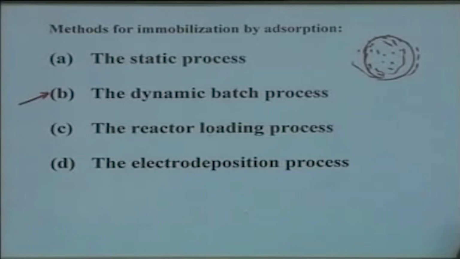The fourth method is the electrodeposition process, in which the carrier is placed in proximity to one of the electrodes, and current is applied between the two electrodes, and the enzyme particles, which are charged, usually get deposited on the carrier particles, and at the end the carrier is removed, coated by the enzyme.